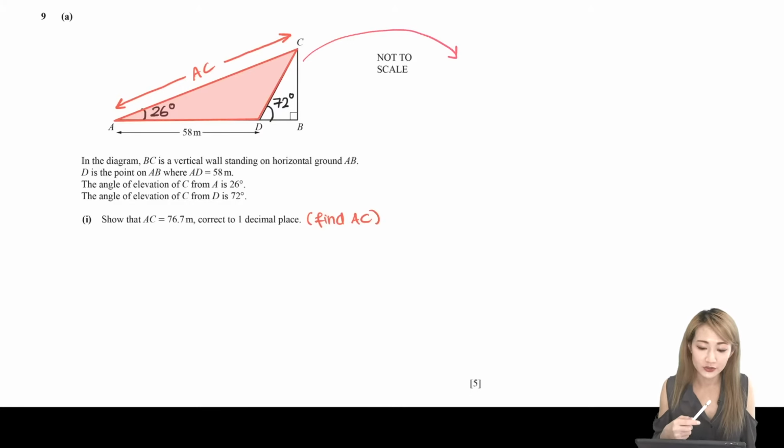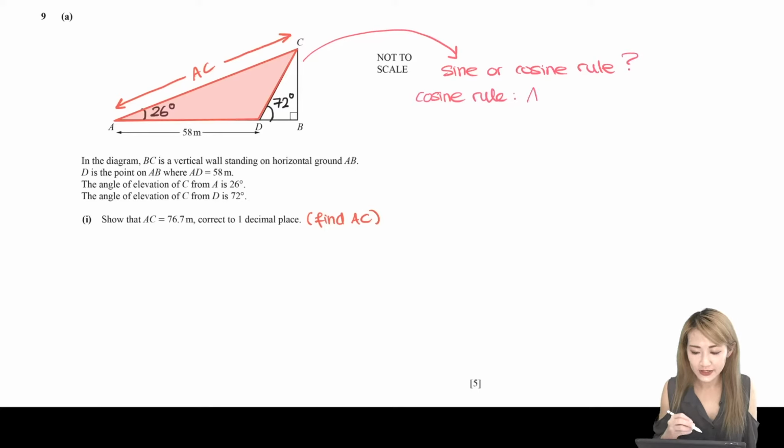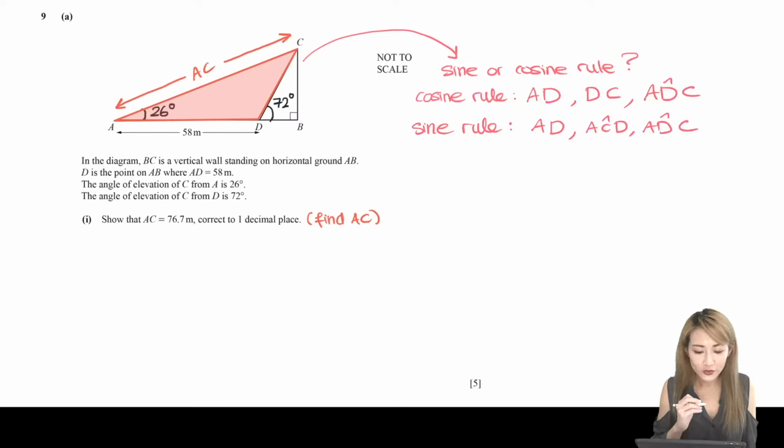So this means that we can use the sine rule or the cosine rule. To use the cosine rule, we would need AD, DC, and angle ADC. To use the sine rule, we would need AD, angle ACD, and angle ADC. We already have AD, which is 58 meters.